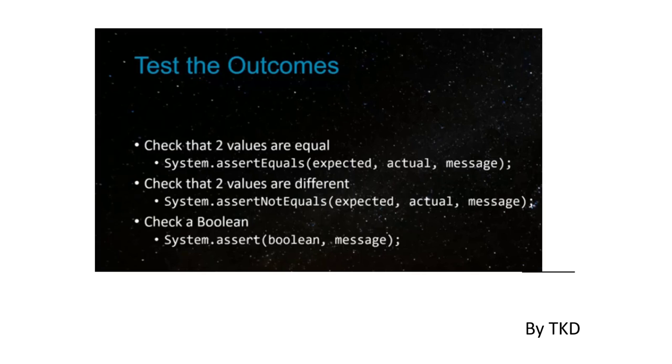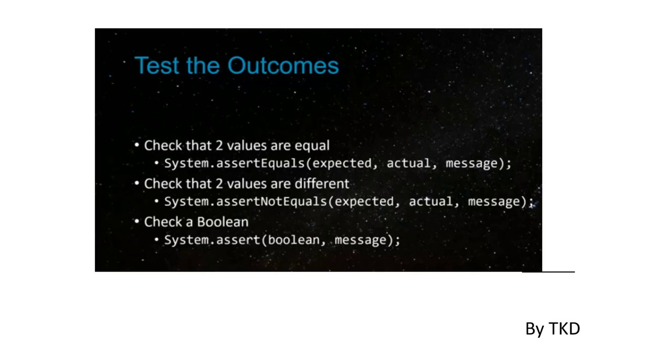Now finally, once we have got the test data and we perform that action on it, we then want to assert and test the outcomes. We do this using one of the three system assertion methods within Salesforce. Every test should have at least one of these asserts, so that we can have a System.assertEquals method.